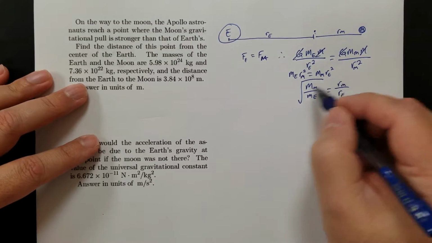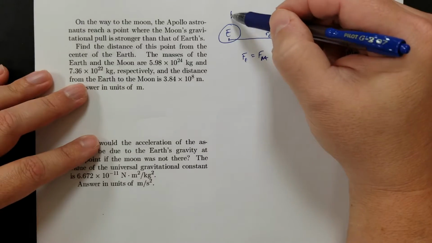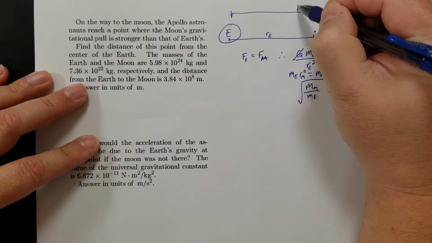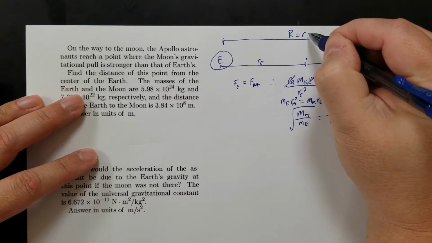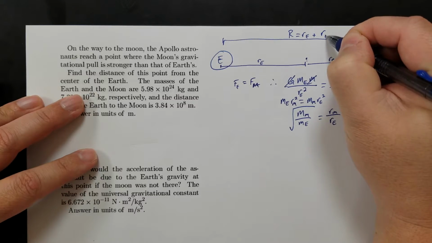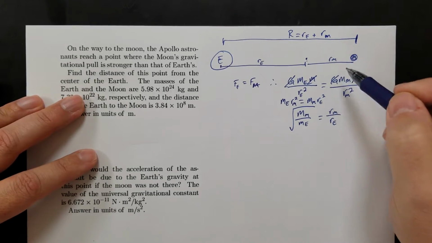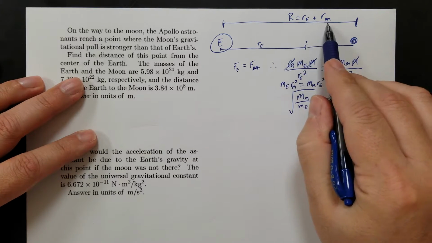So here's one thing I know. And then the other thing I know is that the total distance between the Earth and the moon, I'm going to call that big R, right? That total distance is equal to the distance between the Earth and the spacecraft plus the distance between the moon and the spacecraft. So big R equals the radius from the Earth plus the radius from the moon, right?